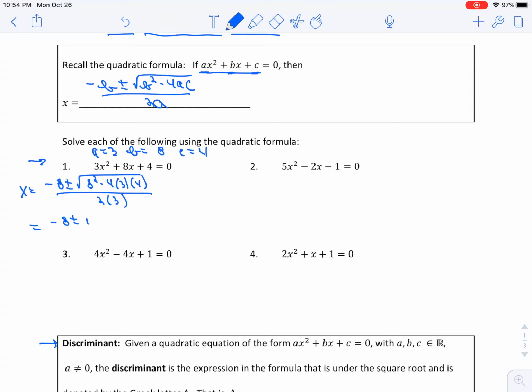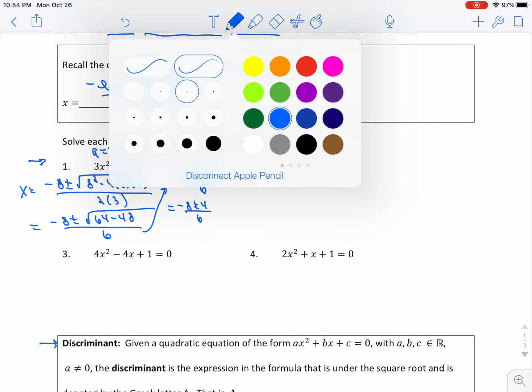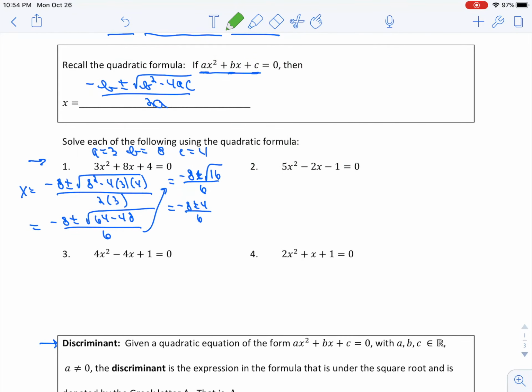So we end up with negative 8 plus or minus the square root of 64 minus 48, all divided by 6. So that means that this is negative 8 plus or minus the square root of 16, all divided by 6. So this is negative 8 plus or minus 4 divided by 6. So notice what happens with this is that we actually have two solutions embedded in this.